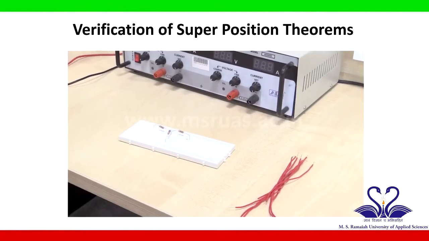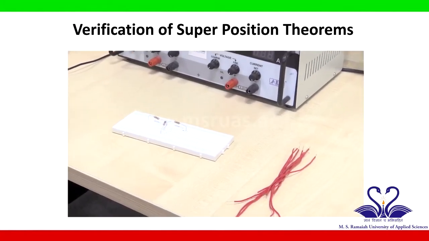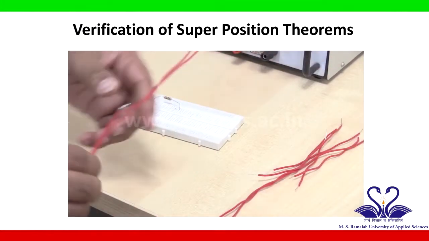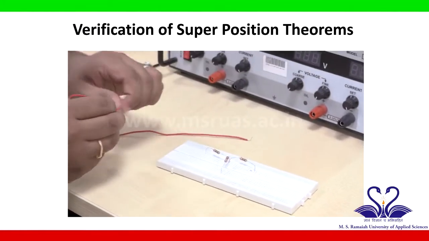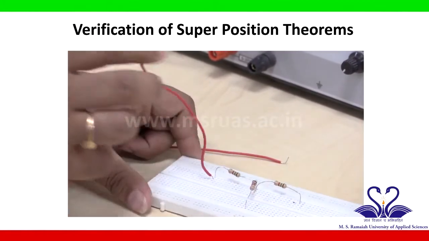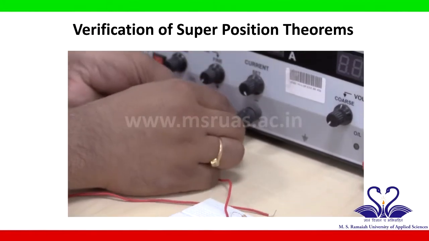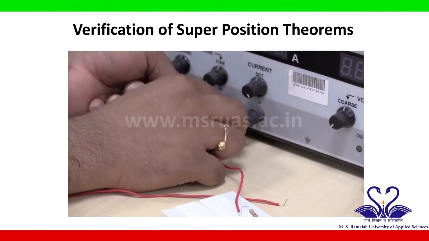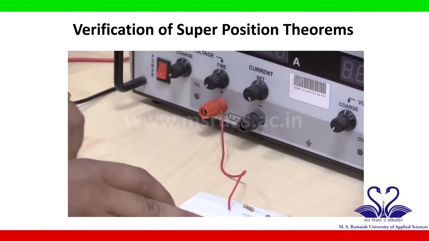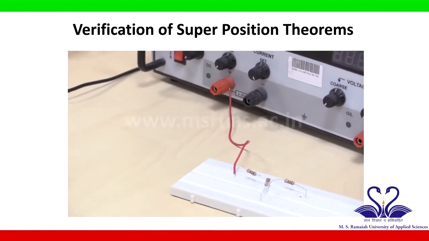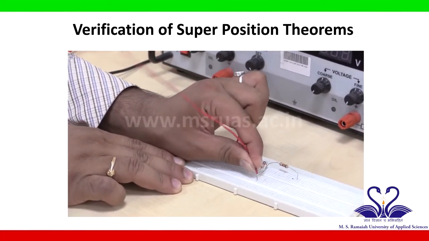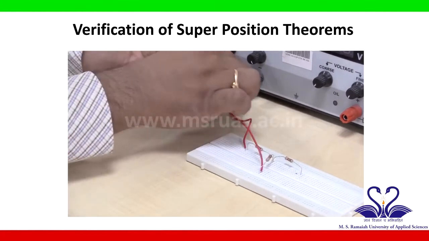Now using connecting wires, let us give supply to the circuit from the source. One from the first end of the 1.5 kilo ohm resistor to the positive supply of channel 1, and from the ground point to the negative terminal of channel 1.